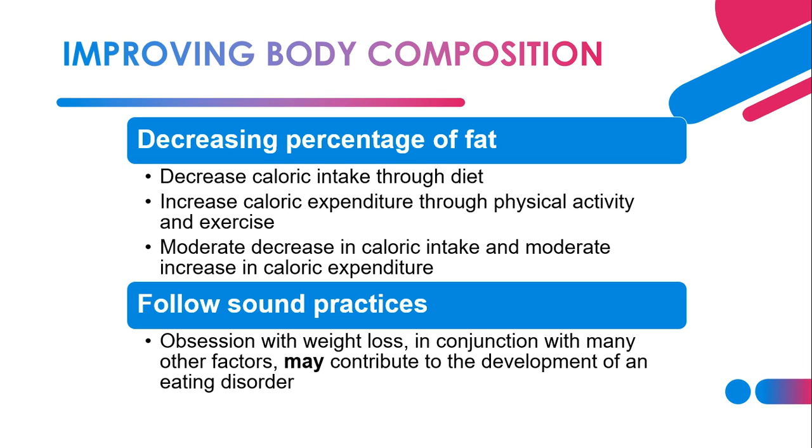Fat loss can be accomplished by several means: consuming fewer calories through dieting, increasing caloric expenditure by increasing the amount of exercise, and combining a moderate decrease in caloric consumption with a moderate increase in exercise or caloric expenditure. Exercise increasingly is being recognized as a critical component of fat loss. Often, those desiring to lose fat focus on counting the number of calories consumed and neglect the exercise component.